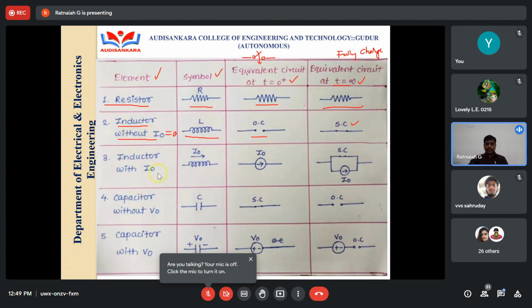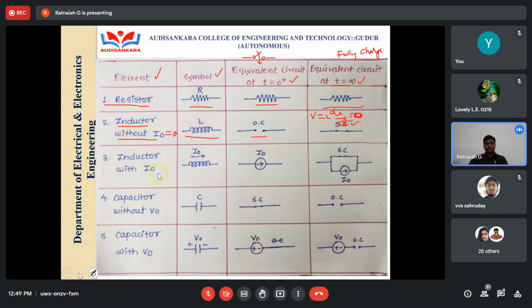The inductor voltage will become 0 because we have the expression V is equal to L into di by dt. So at t is equal to infinity, when I substitute t is equal to infinity in the denominator, the voltage will become 0. If the inductor voltage is 0, that element will act as a short circuit.